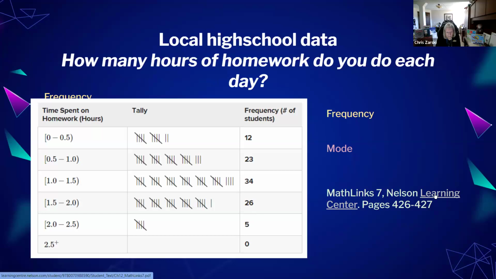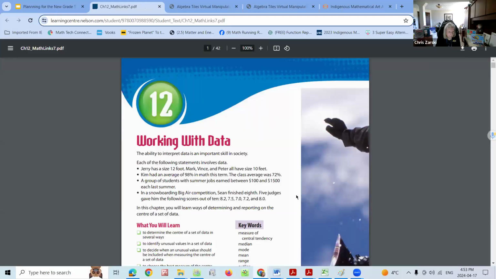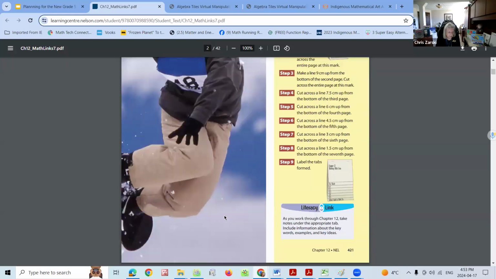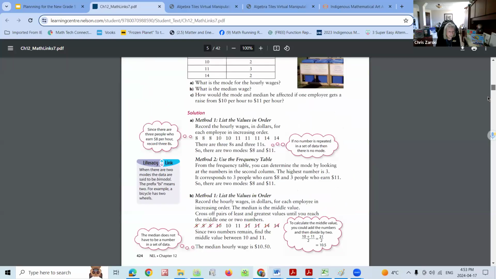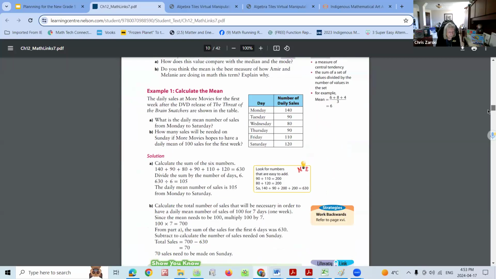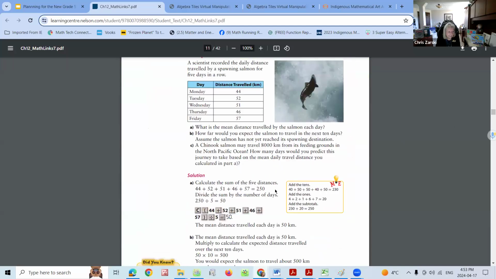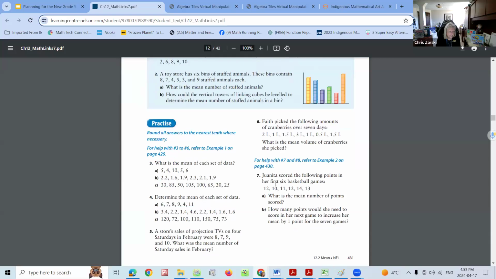In here, I put a link to one of the grade 7 textbooks. This link is online that you have access to. And it's about data. So this comes from the grade 7 book. This would be a good one for you to use if you're looking for some resources. But what I want to just point out is that when we talk about the different types of data that's being represented, we don't always need to have all of the terminology for statistics.